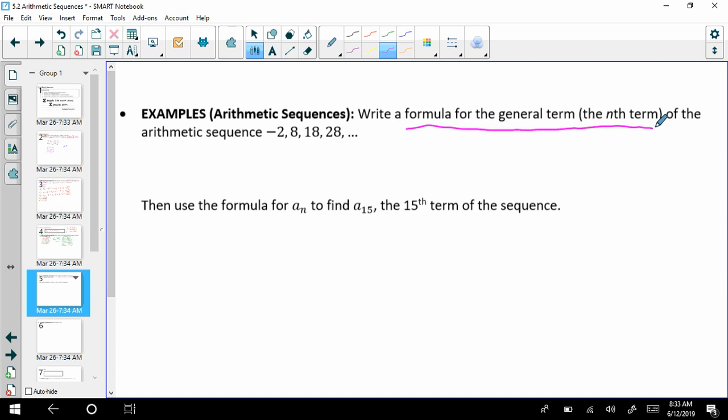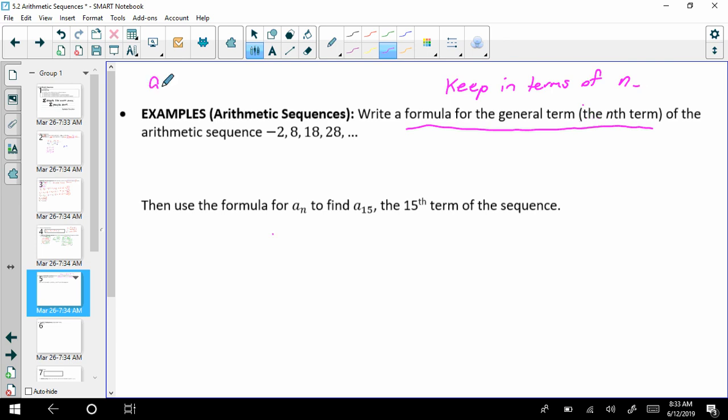If they ask you to write a formula for the general term or the nth term, we are going to write our formula, but we're going to keep it in terms of n. In other words, I'm not going to substitute anything in for n. I'm going to keep it as n. I want a general formula.